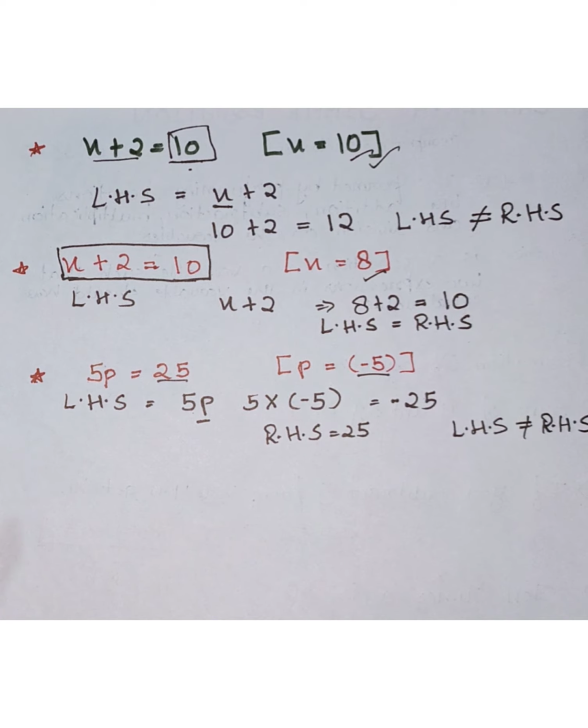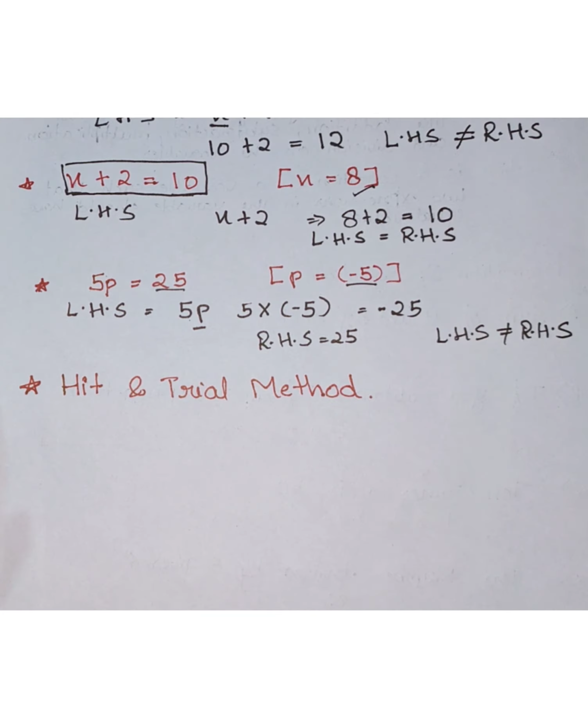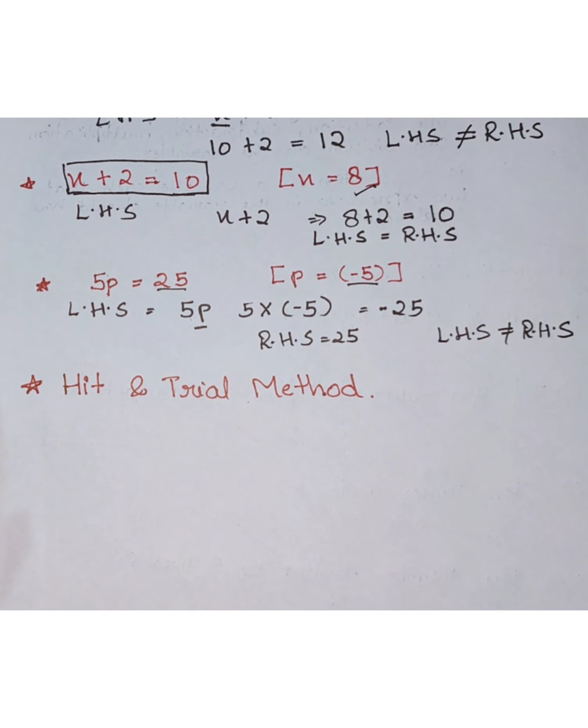Now let us move to our next topic. The next topic, or you can say the subtopic of this topic, putting values, is the hit and trial method. Now what is the hit and trial method? In this, you have to find out the value which will satisfy the given equation by the hit and trial method.